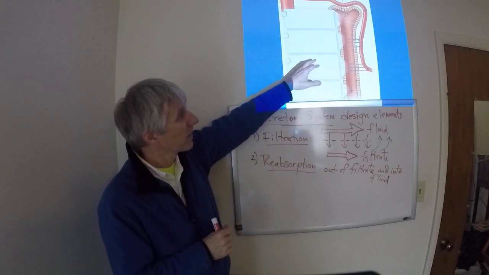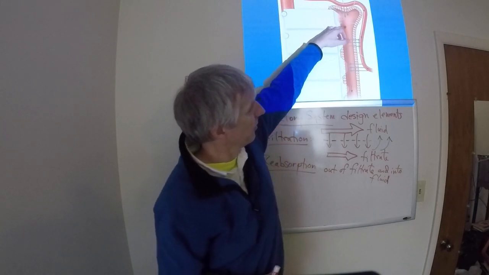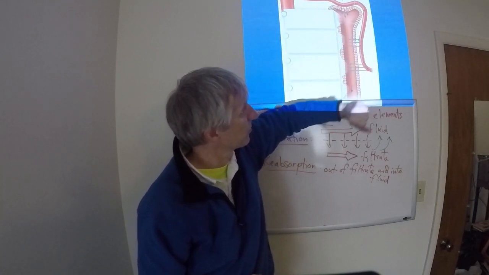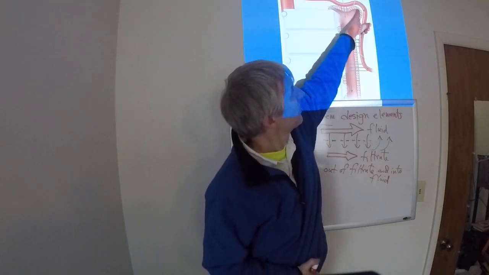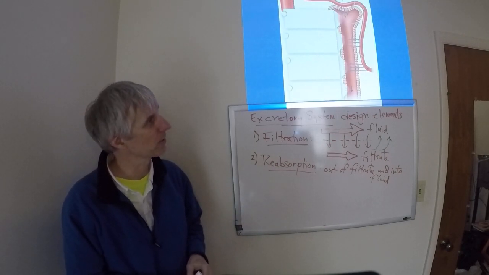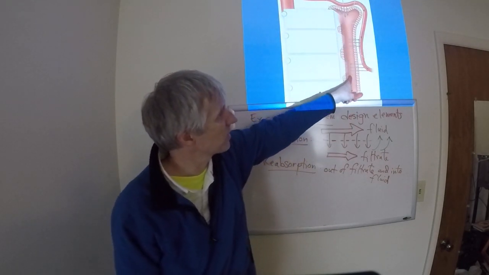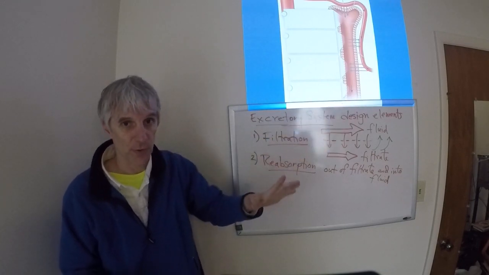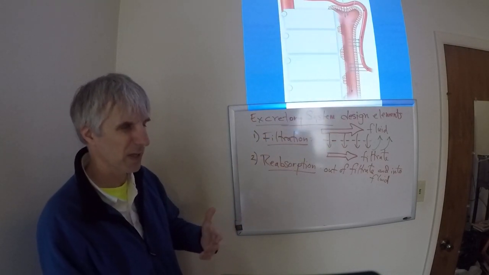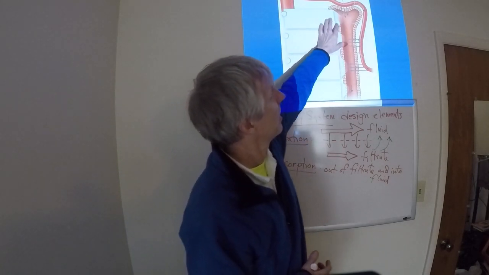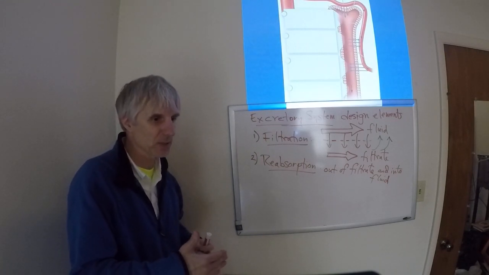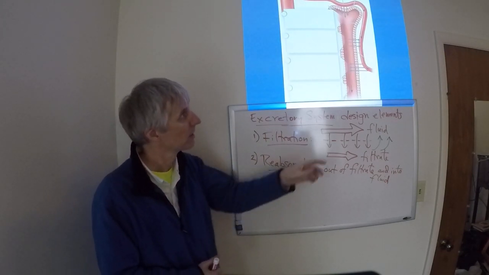On our diagram here, the first step was filtration. This step here is reabsorption. This is fluid. In that case, it would be the serum within the circulatory system. And that makes this material in here filtrate. Notice also, I didn't mention this, but I'll mention it now. In these systems, you typically have an epithelial layer that separates the fluid from the filtrate.